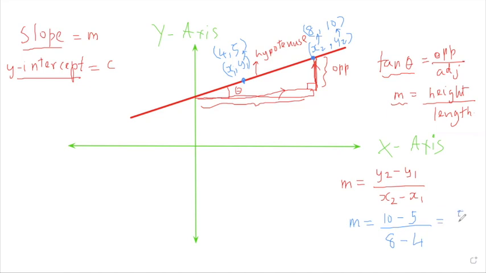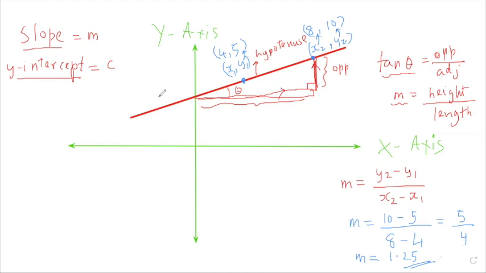So that's 5 divided by 4. So m is equal to 1.25 or something like that. Right? That's the slope of the line, if those were the points.